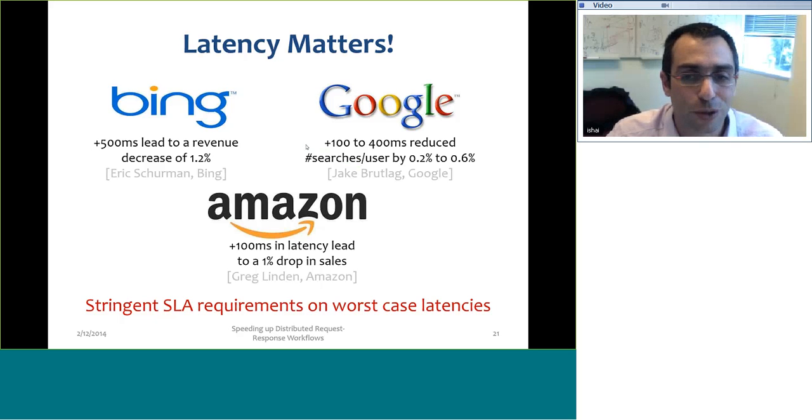I don't know exactly how these guys obtained these concrete numbers, but of course it's a major concern that everybody is looking at. Reducing the latencies has a lot of business-related impact and consequences, of course.